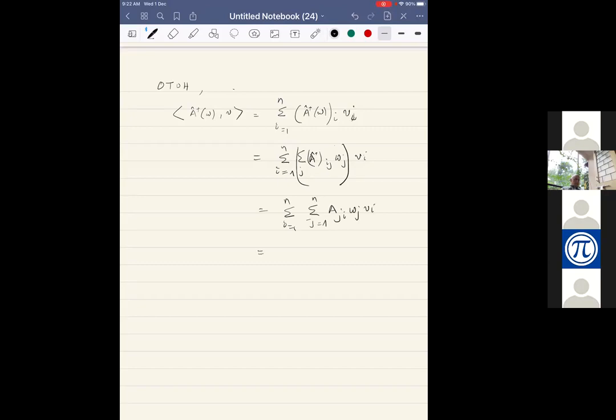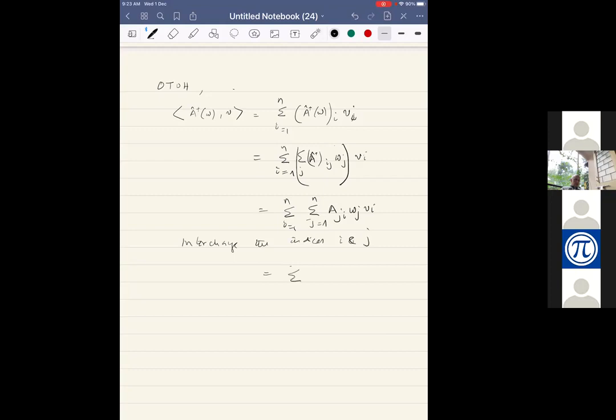Now exchange orders of summation. No, don't do that. Interchange the indices i and j.